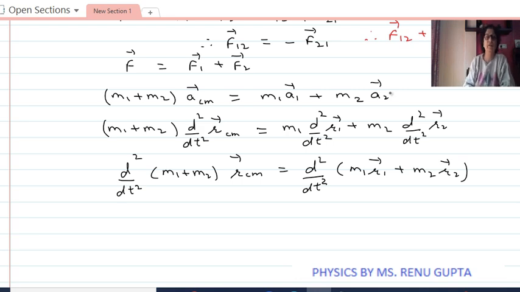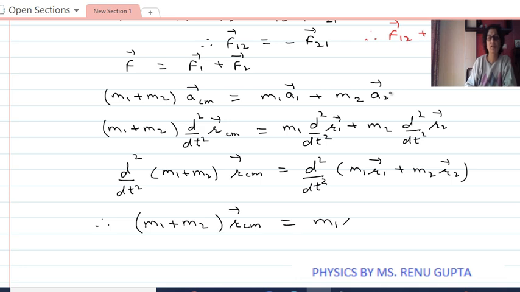We can cancel out the second differentiation. Therefore, (m1 plus m2) r center of mass is equal to m1 r1 plus m2 r2.